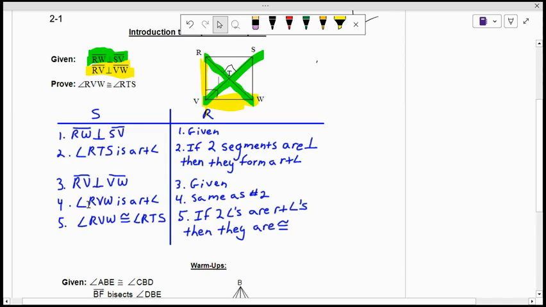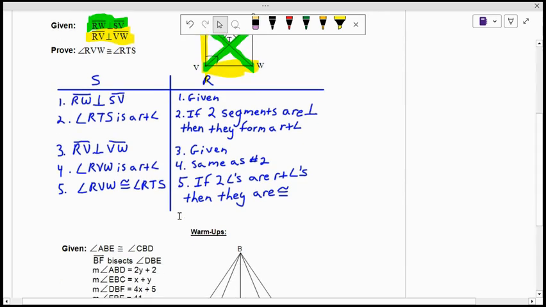And we say that this is a right angle. When you're using the same reason for multiple steps, you can say same as whatever step it was. So you can see here, I've said same as step 2 because it is the exact same reason, right? That's one of the nice things with being general, is we can use it wherever. If we've used it more than once, we don't have to restate it. And then the last step is if two angles are right angles, then they are congruent. So we've seen that one before.